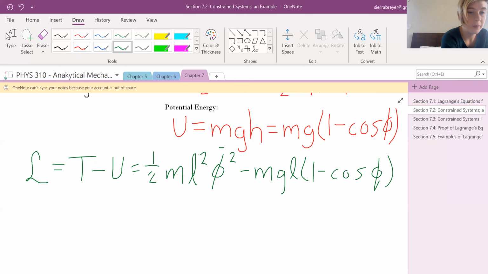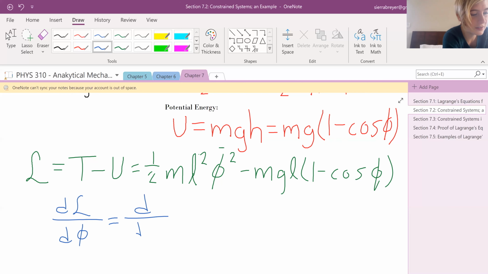All right, so from there, we can just take the Euler-Lagrange equation that we know. I'm going to write that in blue. If you don't have this memorized already, it's probably a really good thing to get memorized. We're going to take the Euler-Lagrange equation with respect to theta, because theta is going to be the part that changes.